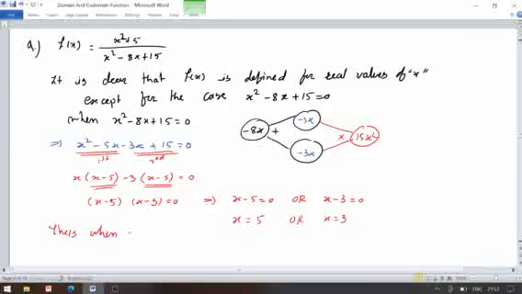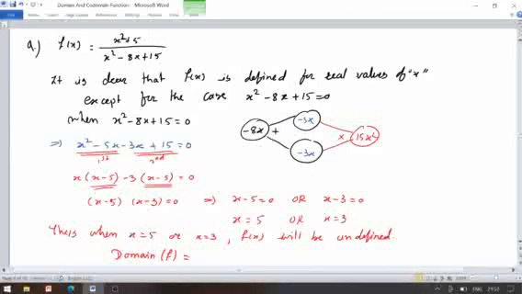Thus, when x equals 5 or x equals 3, the value of the given function f of x will be undefined. That means once the denominator is 0, the division is indeterminate.